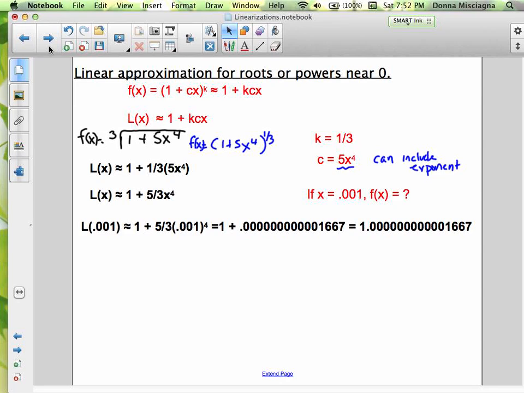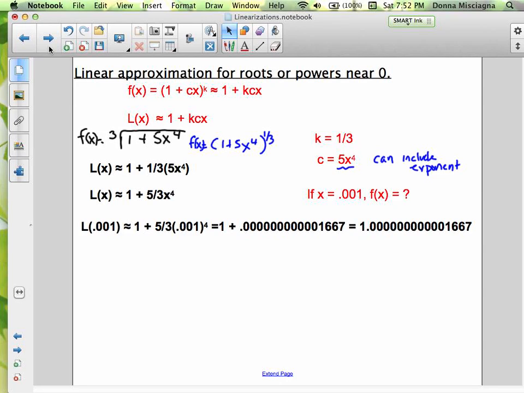So now a function to evaluate for any power near 0 would be 1 plus k, which is 1/3, times c, which is 5x to the 4th. Now we don't have another x, because we already got the x included. And that would be 1 plus 5/3 x to the 4th. So that would be the function that we would use to evaluate any value near 0. We're going to evaluate when x is 0.001.